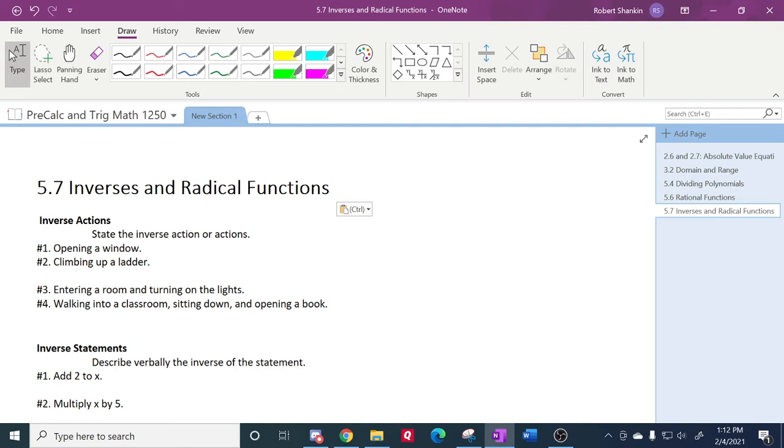And go ahead and hit enter. And number two, state the inverse action or actions of climbing up a ladder. Write that into your group chat. And hit enter.